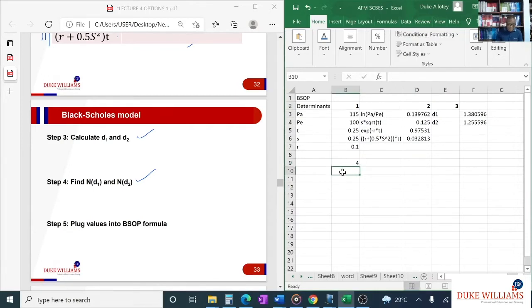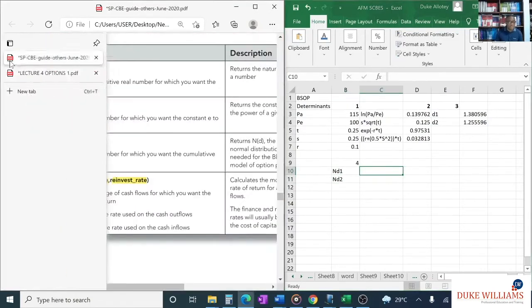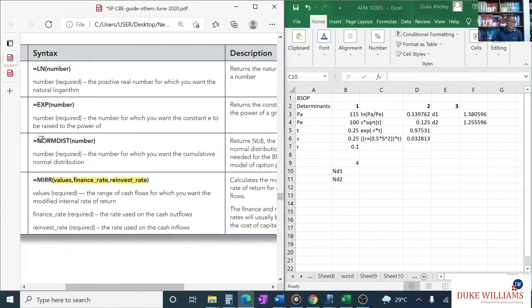And then my next bit, call it point number 4, will be to find ND1 and ND2 there. Now, how do we find this? Again, if you come here, this is where you have this function called norm dist. Okay, so norm dist, not normal distribution.